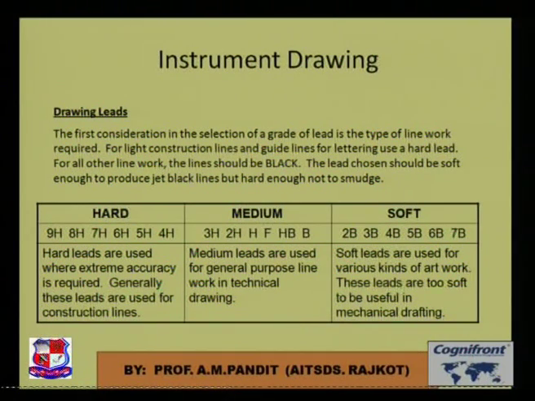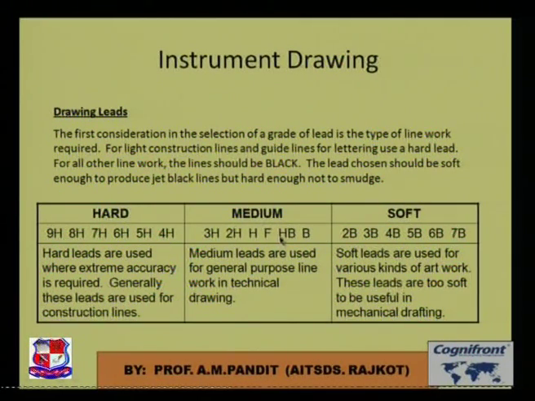Now as I said that we should not use any ordinary pencil, here is the drawing lead table. The lead should be chosen based upon our work. Generally, we should use H, 2H, 3H, 4H or 5H pencil.